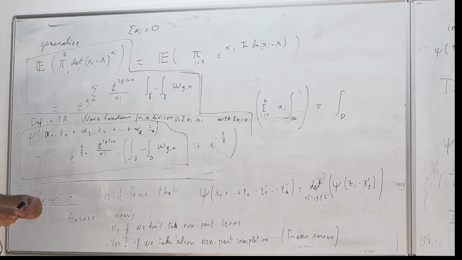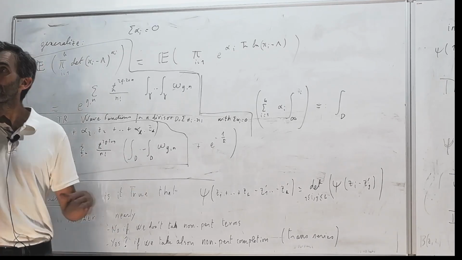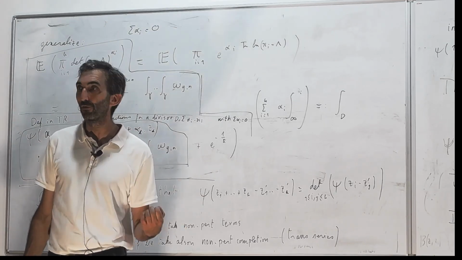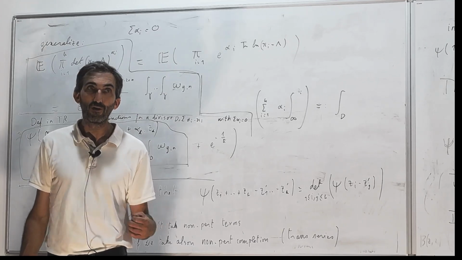So in this lecture so far, what I've done is kind of an introductory lecture on how topological recursion arises from random matrices, and some of its properties.